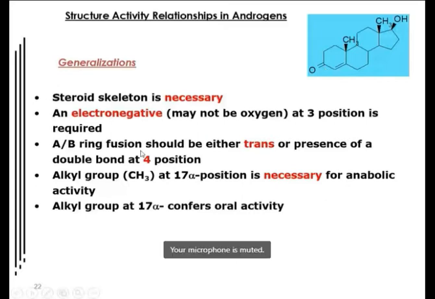An alkyl group, a methyl group at the 17-alpha position, is necessary for anabolic activity, and an alkyl group at 17-alpha confers oral activity also. So this is about the structure activity relationship of androgens.